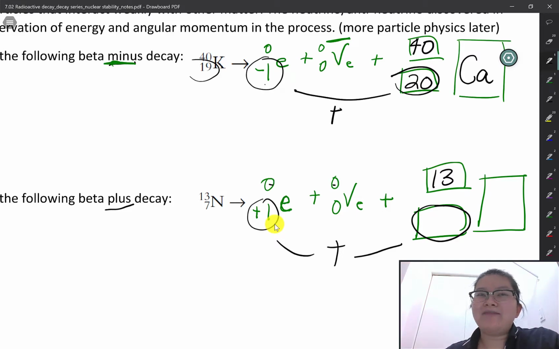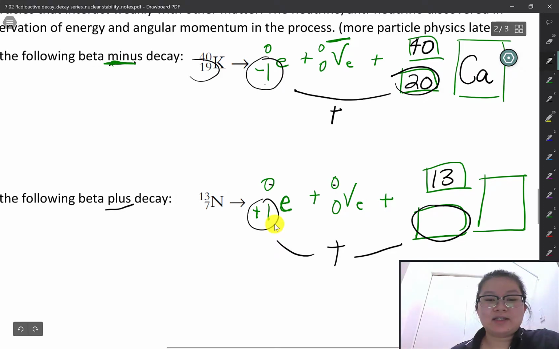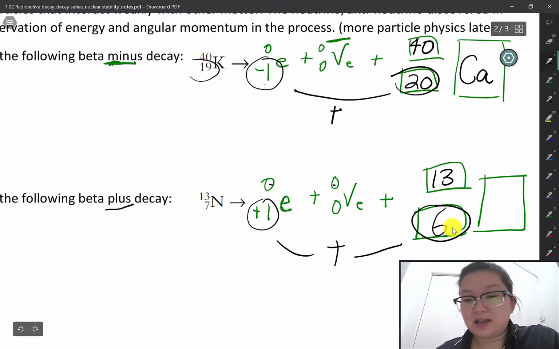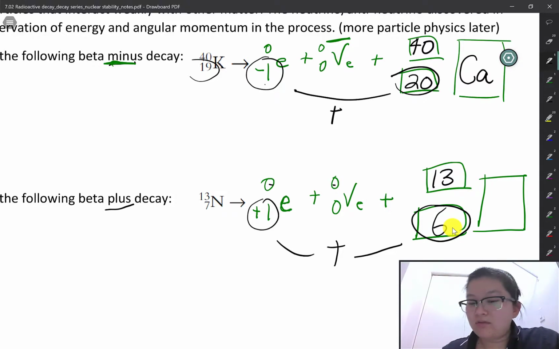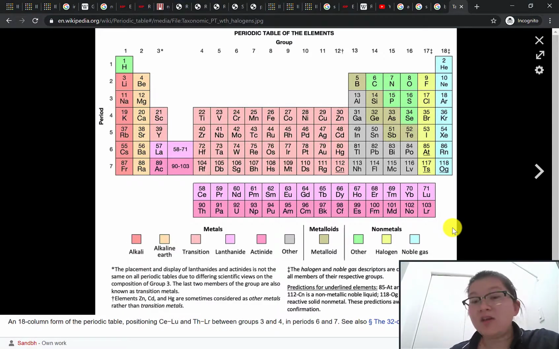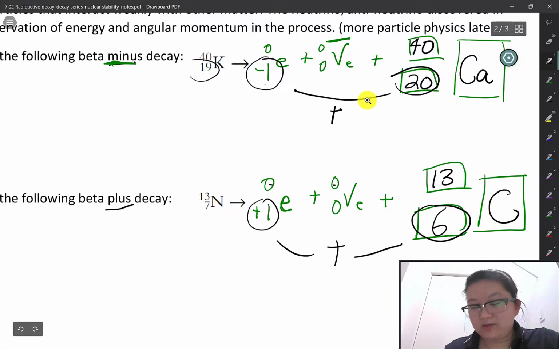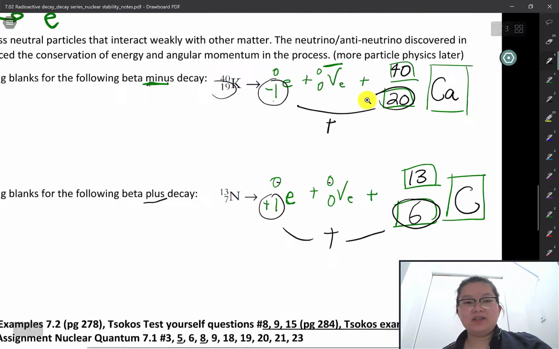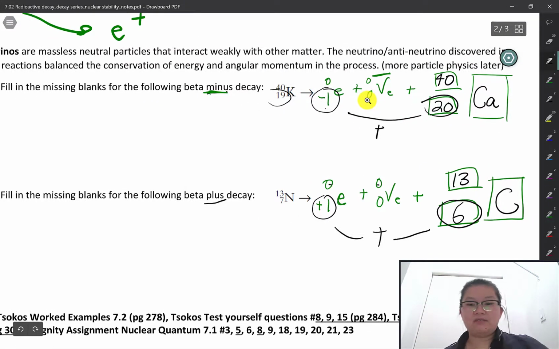So here we lose a proton and we gain a neutron. So essentially this is going to be 7, taking away 1 proton, that's going to be 6, which is also 6 plus 1 giving us 7. So if you don't know already, atomic number 6 is carbon, but let's say you don't know, you go to the periodic table, you find that the atomic number of 6 gives you carbon. So that is the missing nucleus in this reaction.